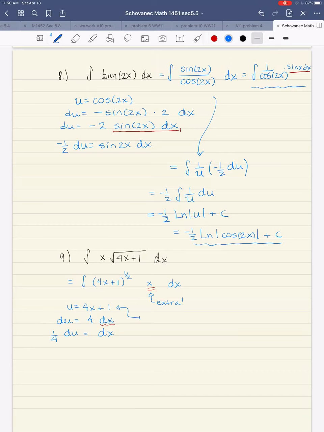I just have an extra variable. I need something in there as a function of u. And I'm going to get it from right here. I'm going to take that line and solve for x. To solve that for x, I subtract 1 and then divide by 4.